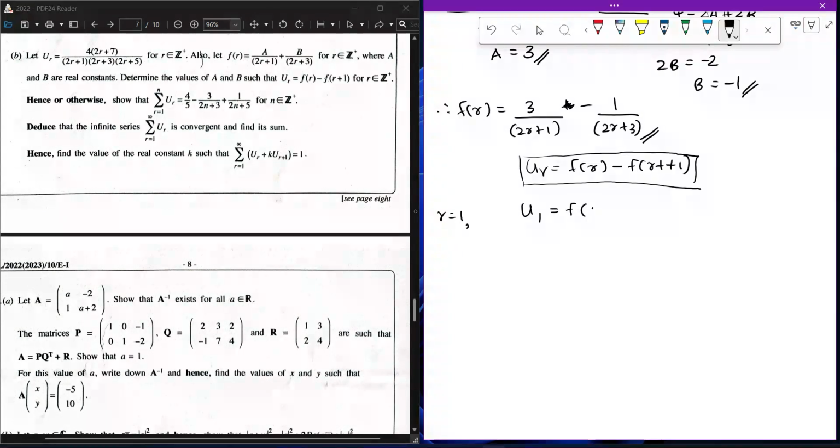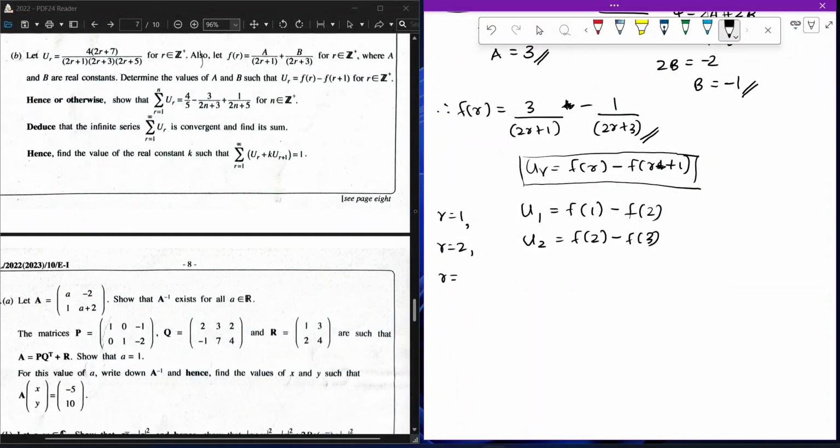So here it will be f1 minus f2. I've written 2 pluses, just ignore one plus. That is, 1 plus 1 would be 2. So when r equals 2, better write 3: u2 equals f2 minus f3.